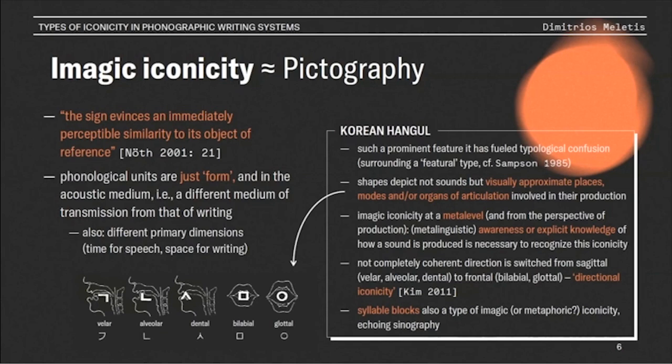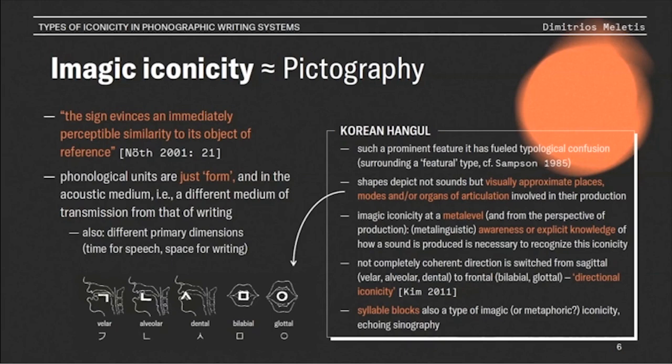What is depicted is the modes, places, and organs of articulation that are involved in the production of the sounds that are represented by these basic consonant shapes that you see here. So it operates at a meta level that requires a certain awareness or even explicit knowledge of what is happening here. So I'm arguing that for actual users, it's not really that important.